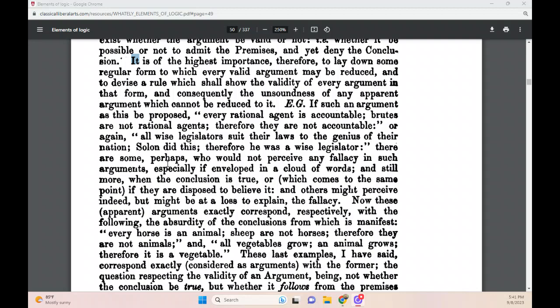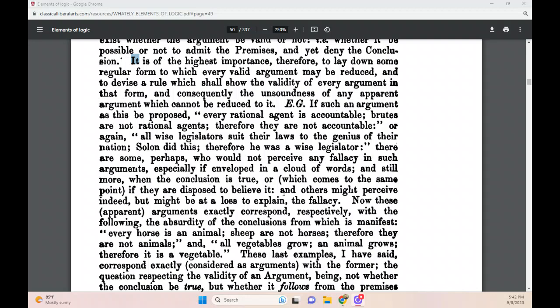There are some who would read these two examples and would not perceive any fallacy in them, especially if those arguments were enveloped in a cloud of words, and still more when the conclusion is true, which makes it even more confusing, or if they are disposed to believe it, that is, if they like the conclusion and want it to be true.